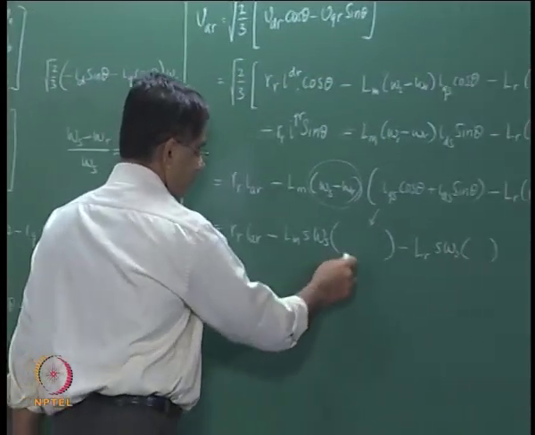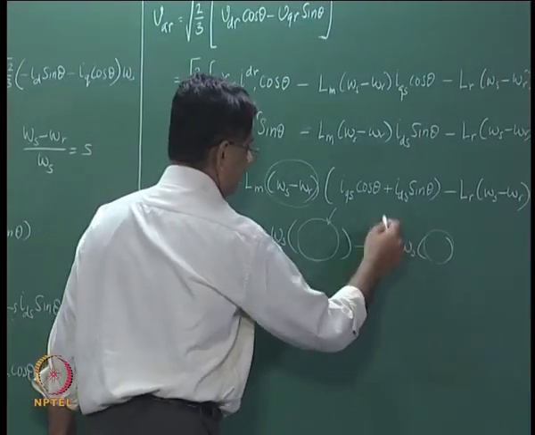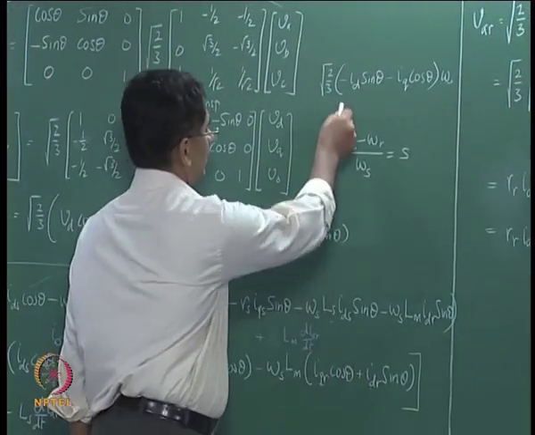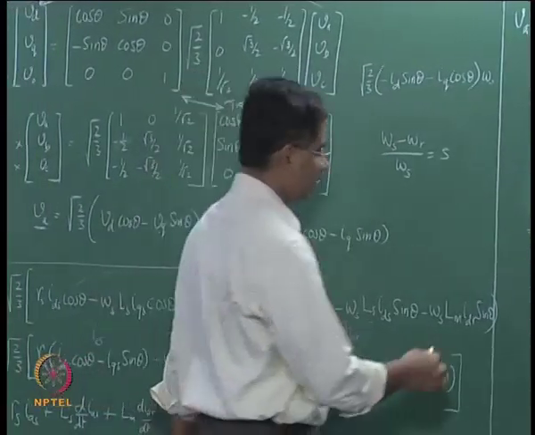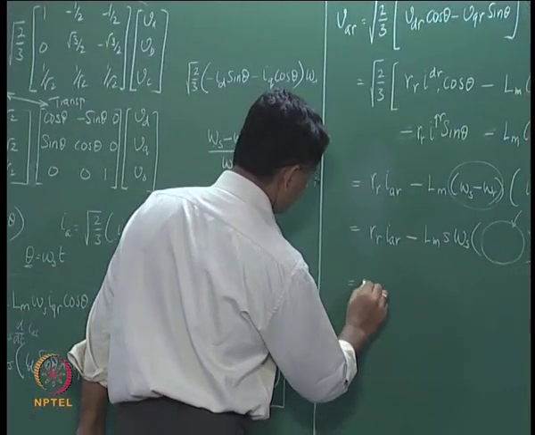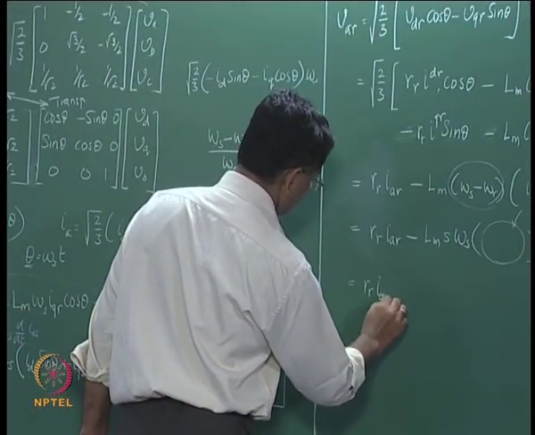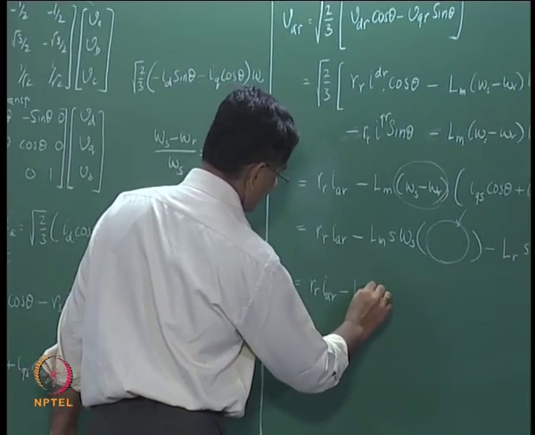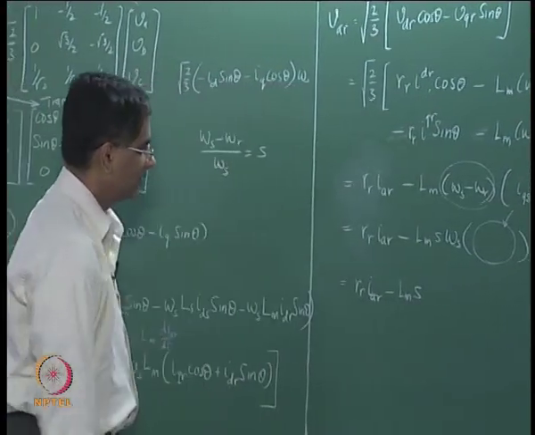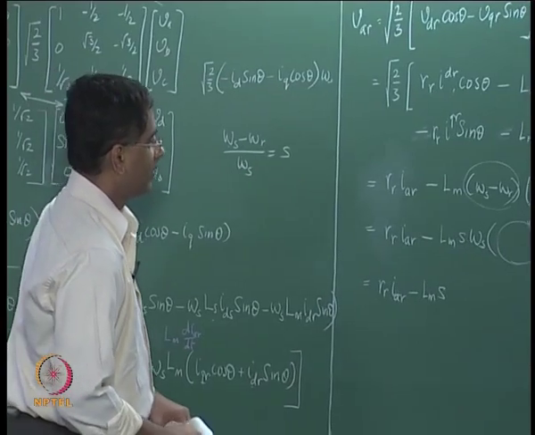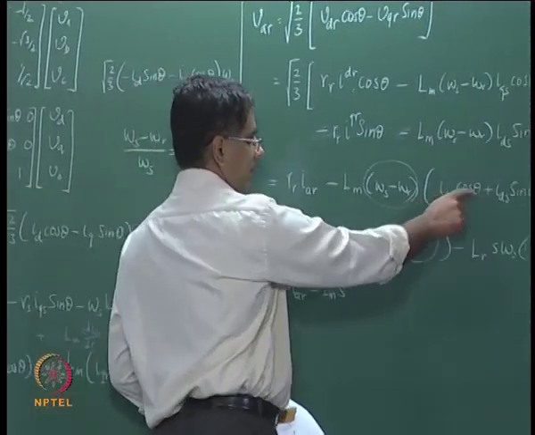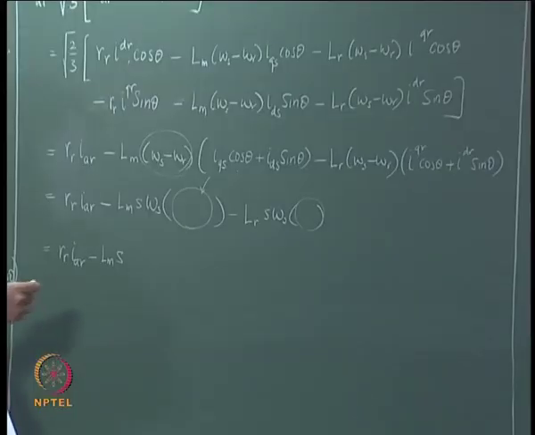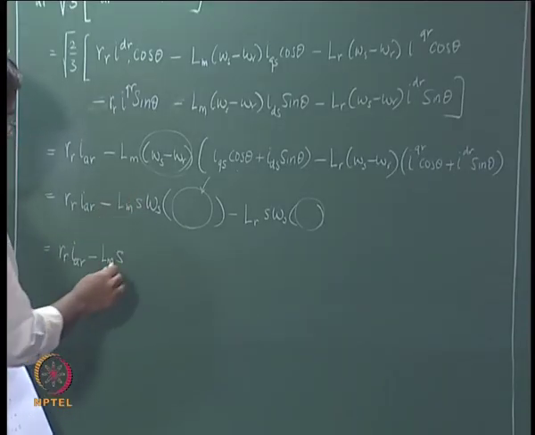And we know what is occurring inside these two is nothing but the derivative of I, and therefore we can write this as RR into IAR minus Lm multiplied by s. What we get here is IQS and IDS, and therefore it is the derivative of the stator current, that is A phase stator current.